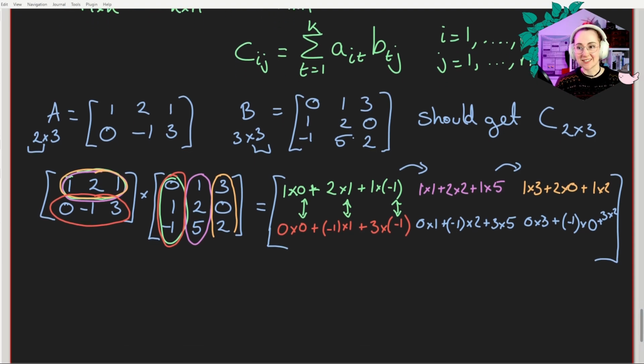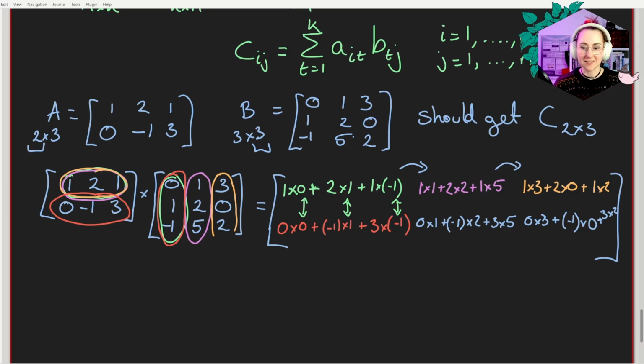It's one of those things that, once you've had a lot of practice, it should be alright. But we should have these matching. Oh, you can tell where I lost some space. They matching. That matching. That matching. And that matching. And then the first entries should match along here. So 0 times something, add -1 times something, add 3 times something.